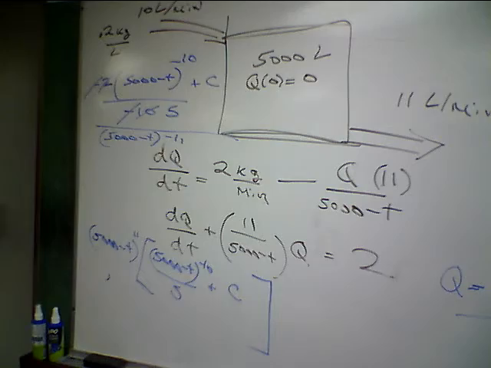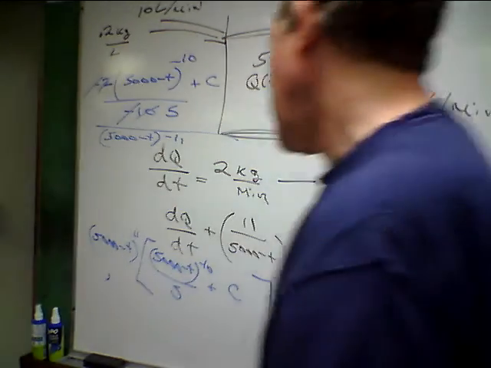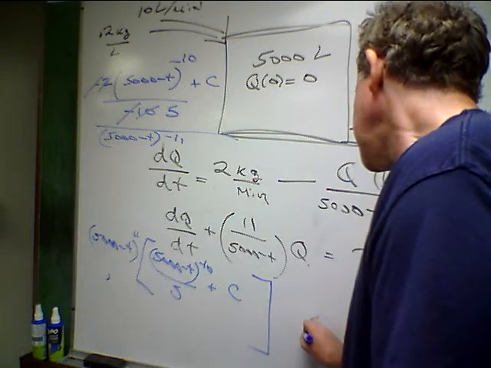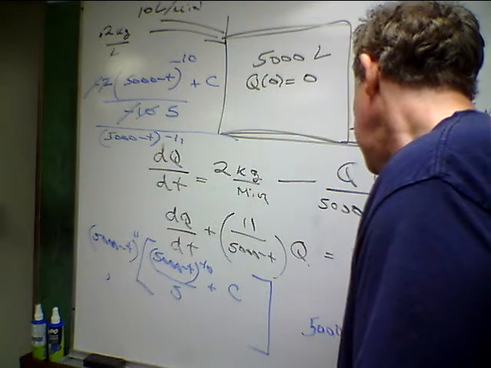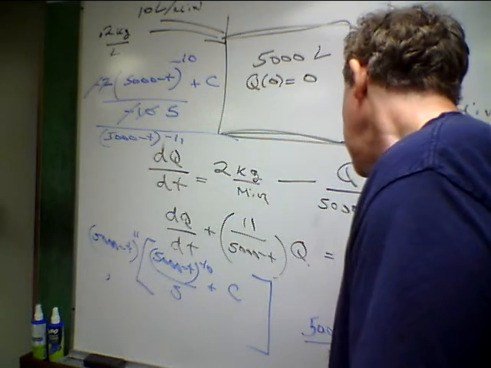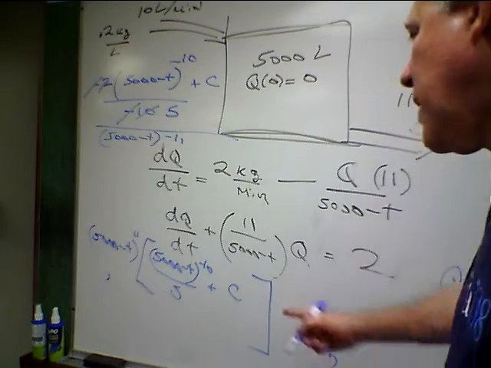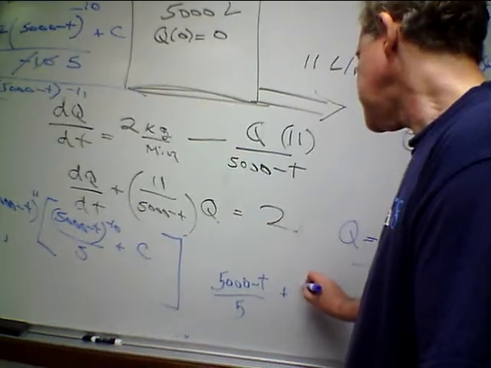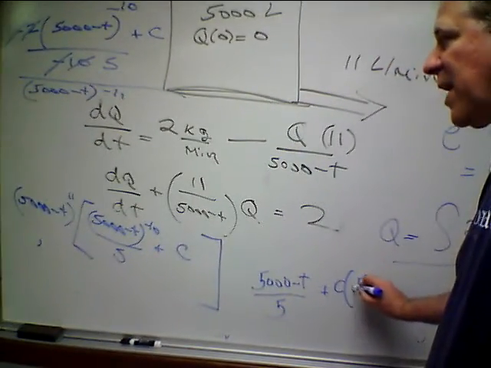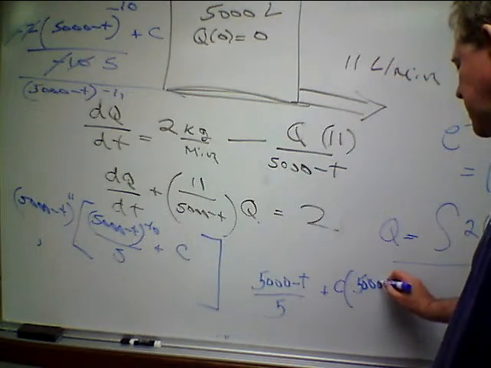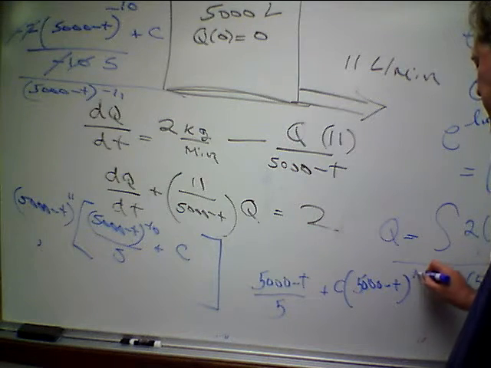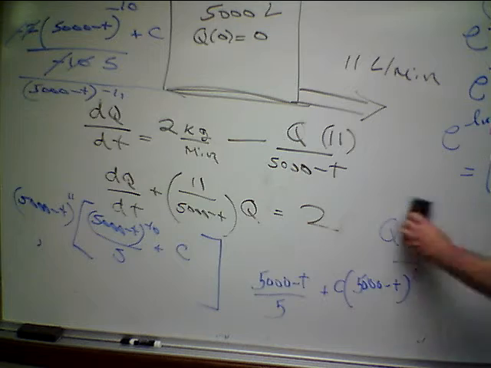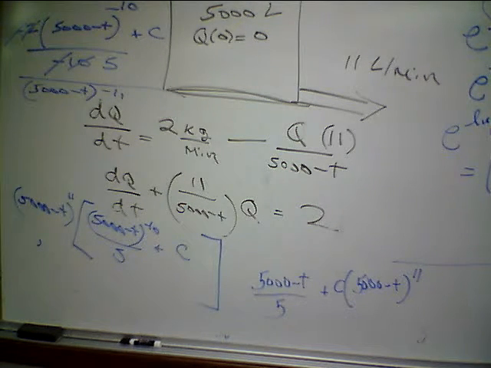Okay? So let's see what that is. When I multiply this together, I just get 5,000 minus t. And then when I distribute it through, I get this constant times 5,000 minus t to the 11.